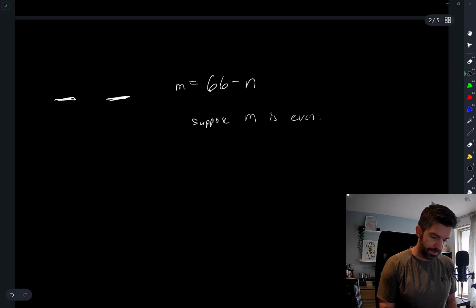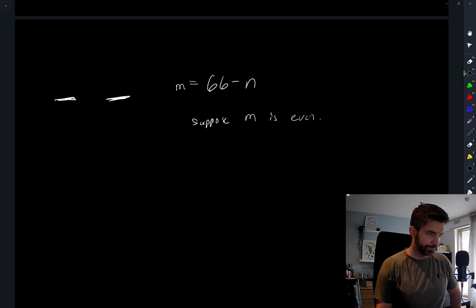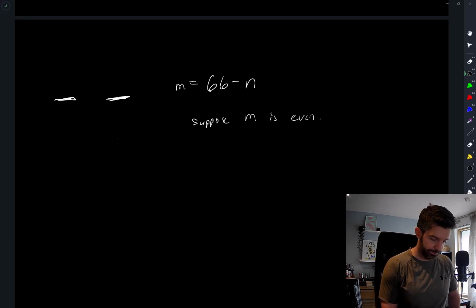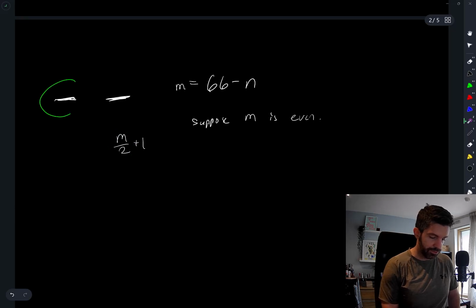Okay, so I have m coins to split between 2 piles. The smallest number I can put there is m over 2 plus 1. Clearly, if m is even, m over 2 is an integer. I can put m over 2 here and m over 2 here, but that's actually not allowed.